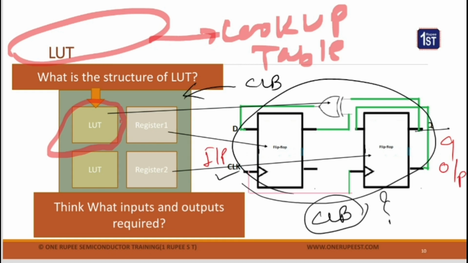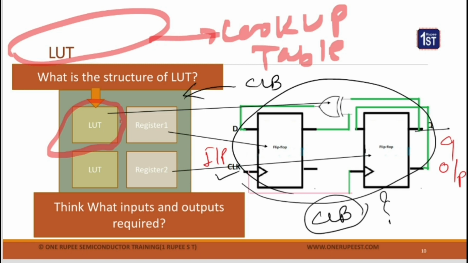Getting this point? In the next session, we need to understand the structure of the lookup table, the structure of the configurable logic block, and the different elements of the configurable logic block. That may be the lookup table, that may be the register.